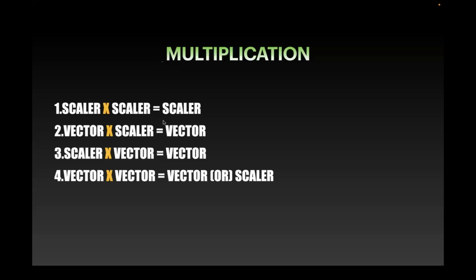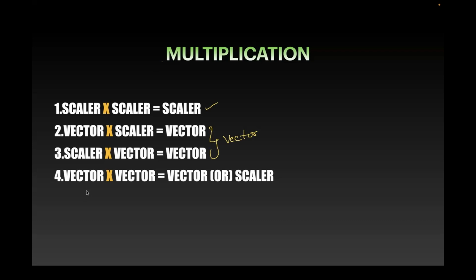Next, multiplication. Very, very important. Whenever you multiply scalar and scalar, what do you get? You always get a scalar. When you multiply scalar into vector or vector into scalar, you always get a vector. Now, what happens if you multiply two vectors?